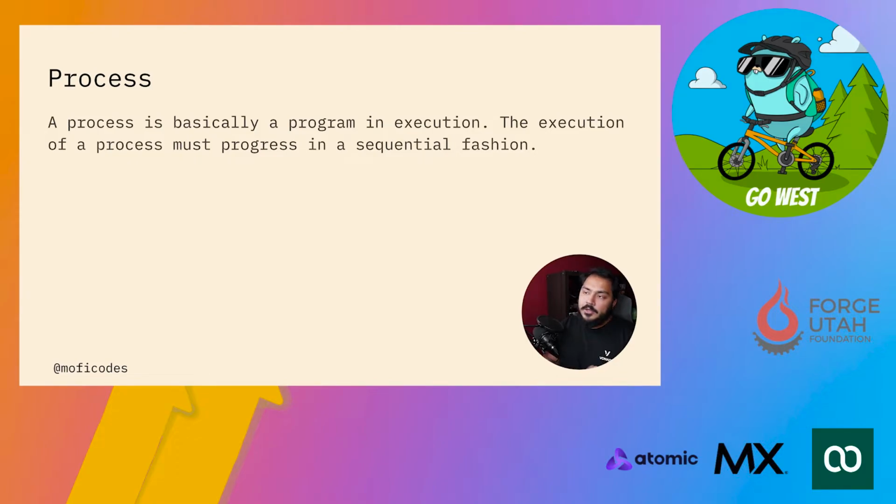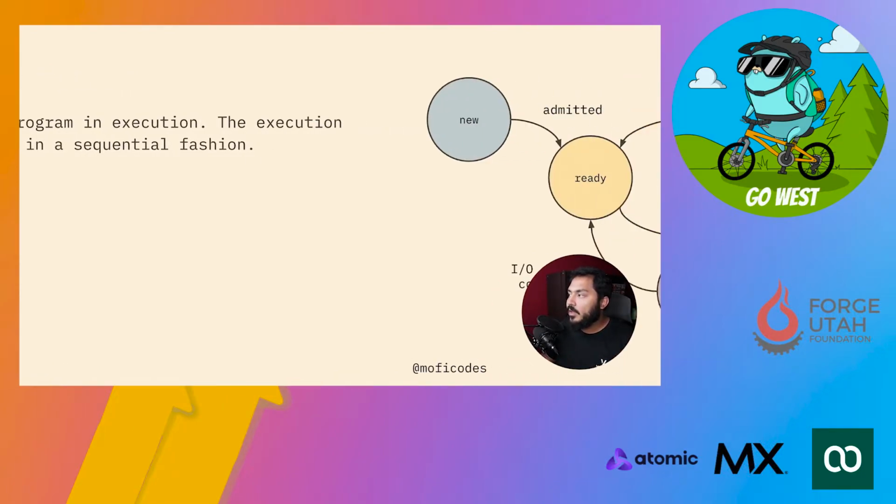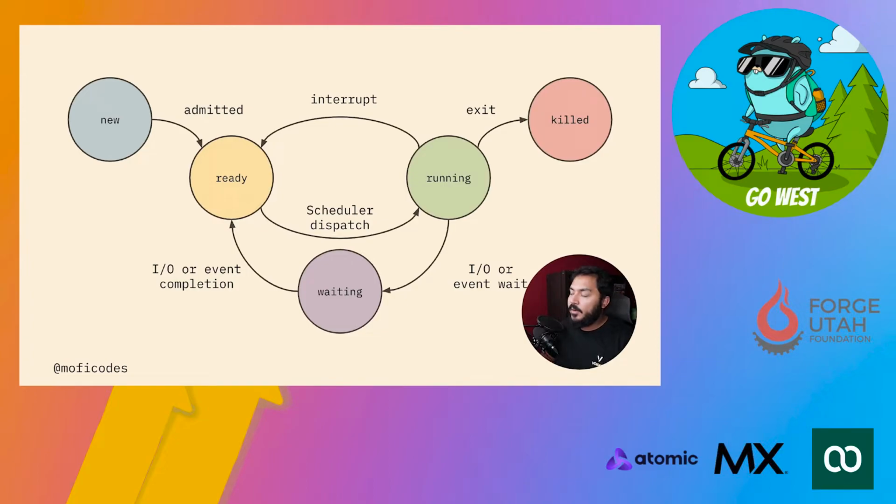Execution of a process progresses in a sequential manner. A process starts, it does something, and at some point it gets killed or finishes, and it stops running. If you want to see a diagram of the flow: a new process is created, it gets admitted to the operating system, and at some point it becomes ready.